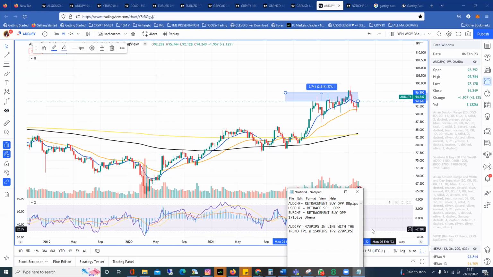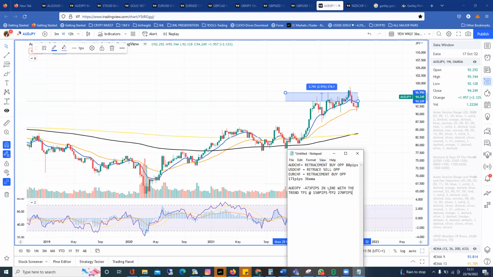All right, so now what we are doing is we are looking at different pairs and we are saying to ourselves, if I can make 473 pips on the max or even 150 pips on the max in line with the trend, right? In line with the trend. And then the ones that are not in line with the trend, I can make 171 pips against the trend. Dollar Swiss, we then get to measure that one, and 88 pips against the trend on this one.